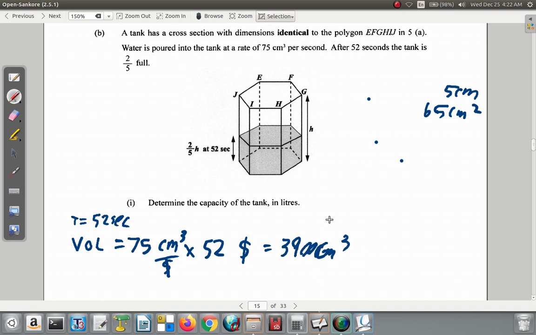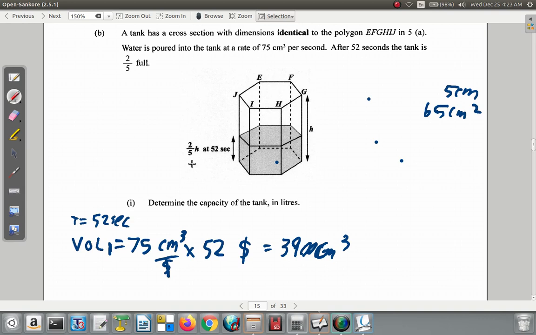Now what can we do with this? Let's see. After 52 seconds the tank is 2/3 full. Okay, so what this means is that the 3900 is 2/3 of the total volume. Let's not call it volume because we have different volumes to deal with. Call this volume 1. The first volume we find is 3900 centimeter cube.